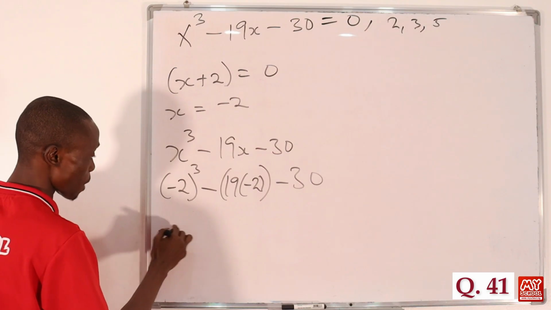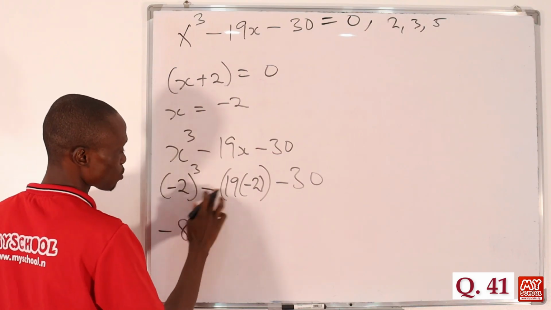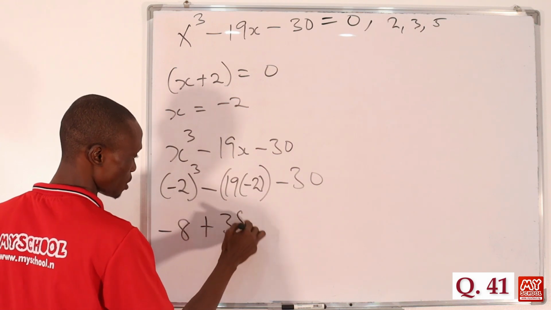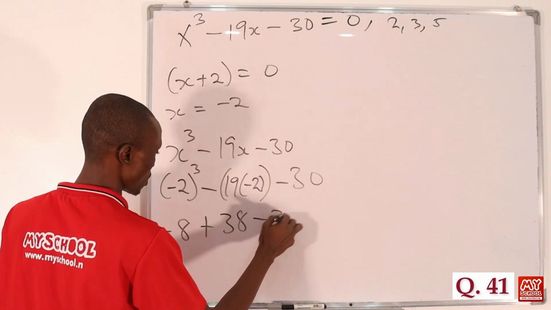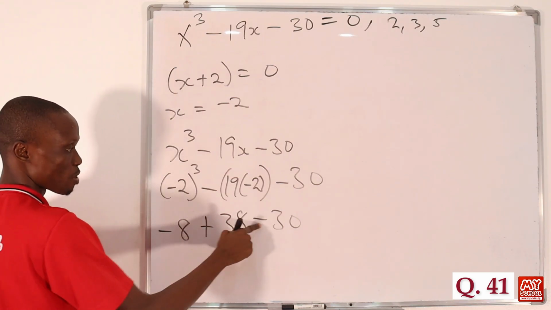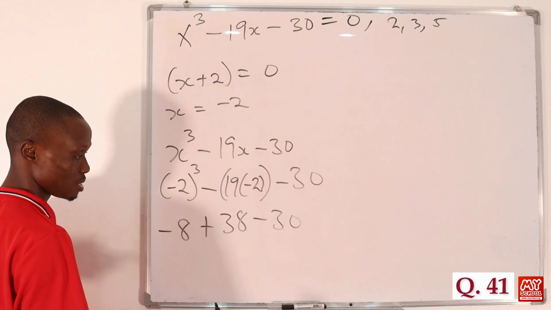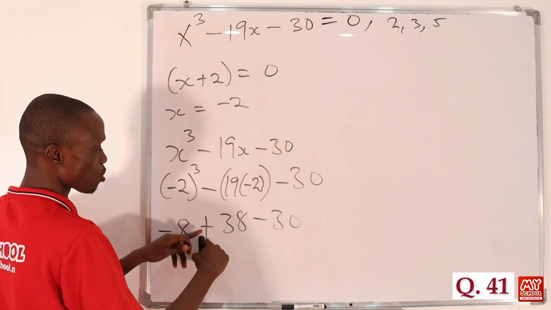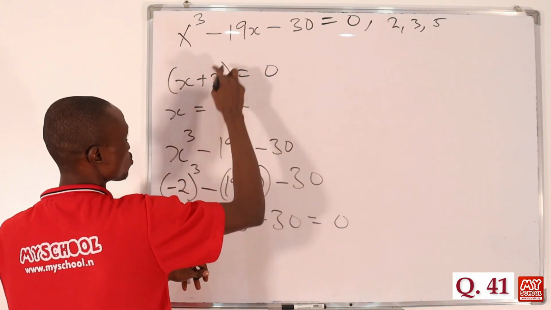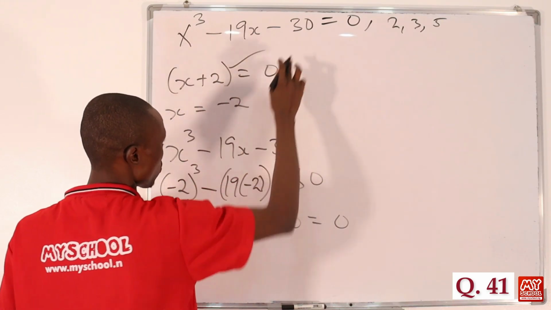This will be equal to minus 8. Why? Minus times minus is going to give us plus first, and 19 times 2 is going to give us 38. Then here we'll have minus 30. If we add these together, minus 8 minus 30 will be equal to minus 38. And minus 38 plus 38 will be equal to 0. So that means x plus 2 is a factor of this equation.